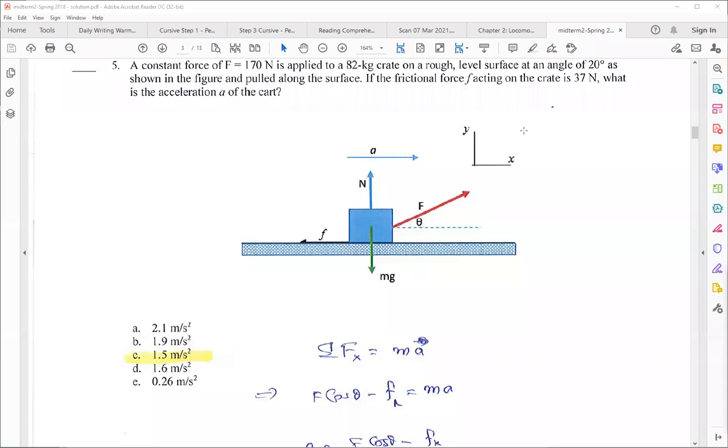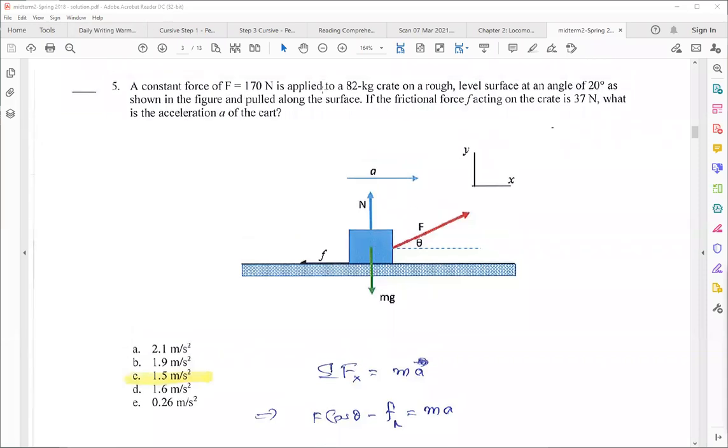Now, question number 5. So you have a constant force of 170 newtons applied to an 82 kilogram crate on a rough level surface at an angle of 20 degrees as shown in the figure and pulled along the surface. Now, if the frictional force f acting on the crate is 37 newtons, what is the acceleration of the crate?